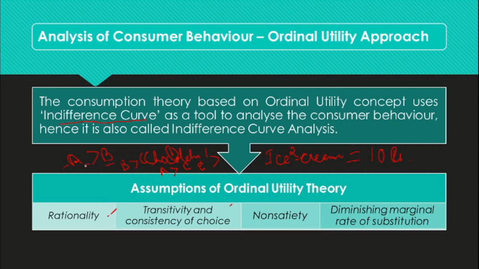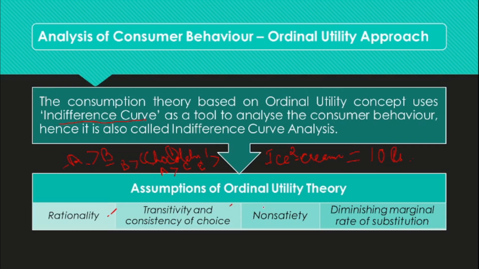It is transitive: if A is preferred over B and B is preferred over C, then A will be preferred over C. This is the concept of transitivity. These assumptions are made just to simplify things and to make the theory hold true.